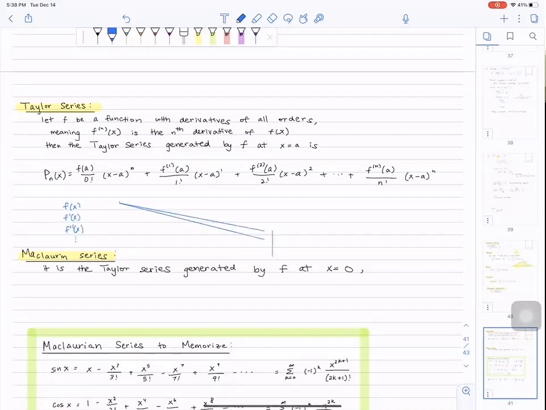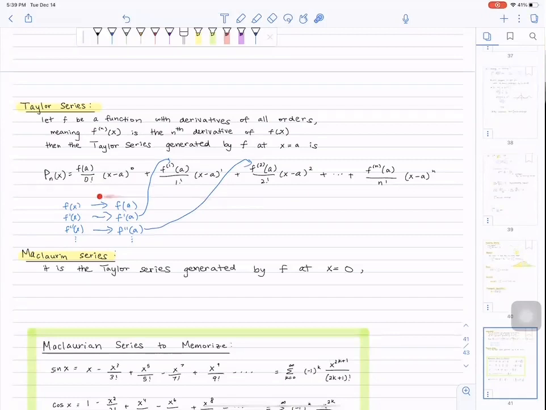Whatever a is, you should evaluate each thing at a: evaluate f at a, the first derivative at a, the second derivative at a, etc. Now you have all your components and you plug them into this formula, and that's the Taylor series centered at x equals a.